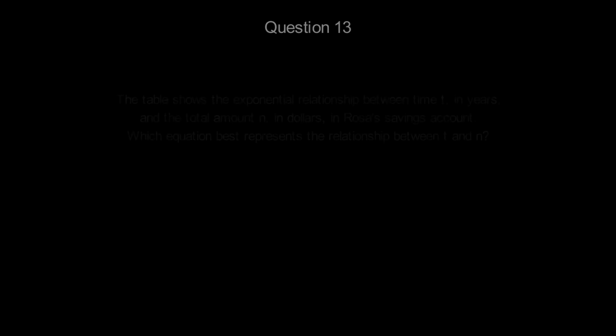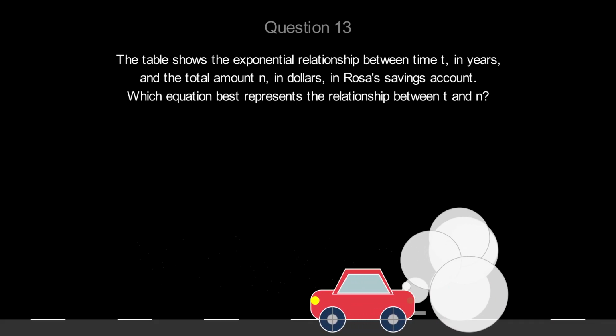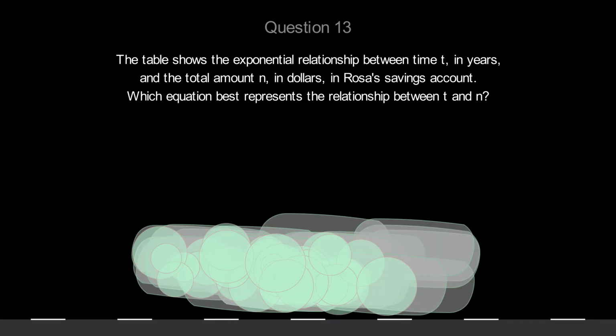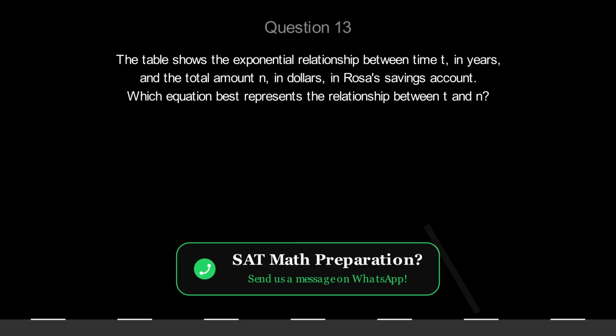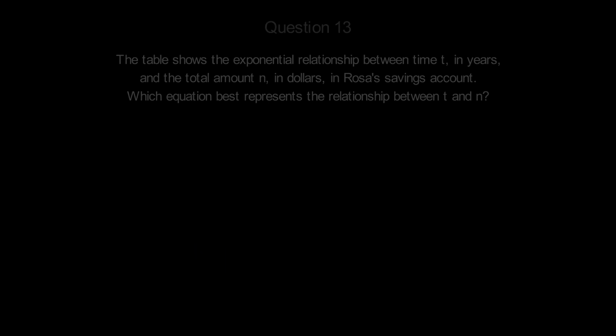Question 13 presents a table showing the exponential relationship between time t in years and the total amount in dollars in Rosa's savings account. Which equation best represents the relationship between t and n? Let's read through the problem statement carefully first. Now let's bring up our data table. We can see how the total amount increases over a period of 2 years, starting from year 0.